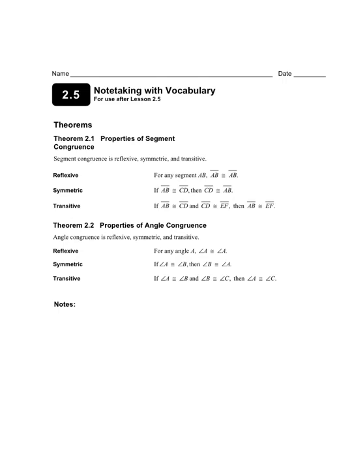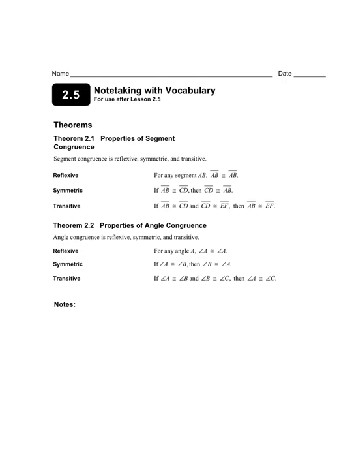If line segment AB is congruent to line segment CD, and line segment CD is congruent to line segment EF, then you can conclude that line segment AB is congruent to line segment EF. These are your properties of segment congruence.